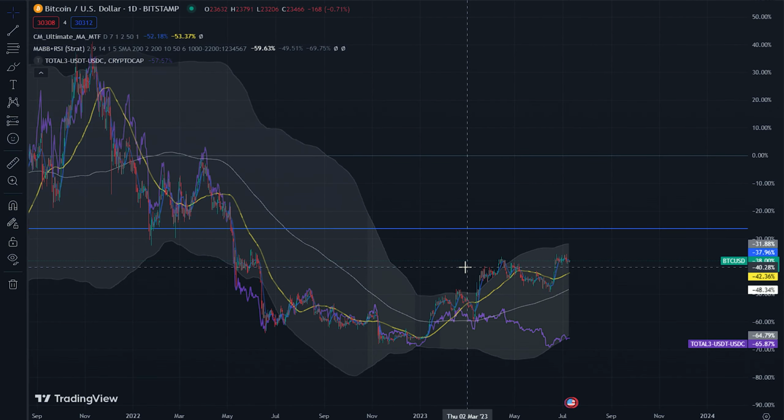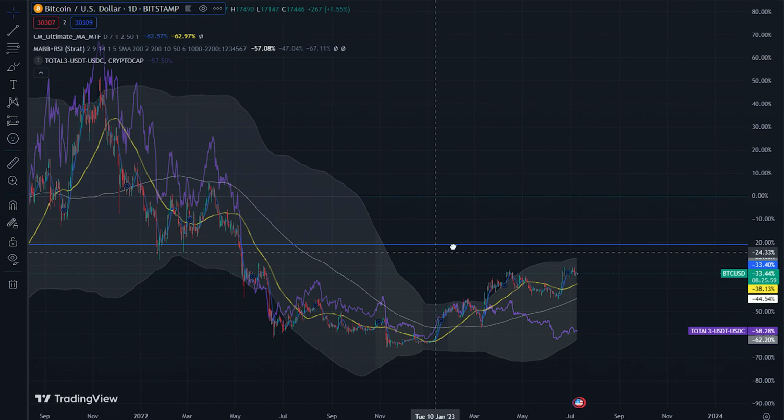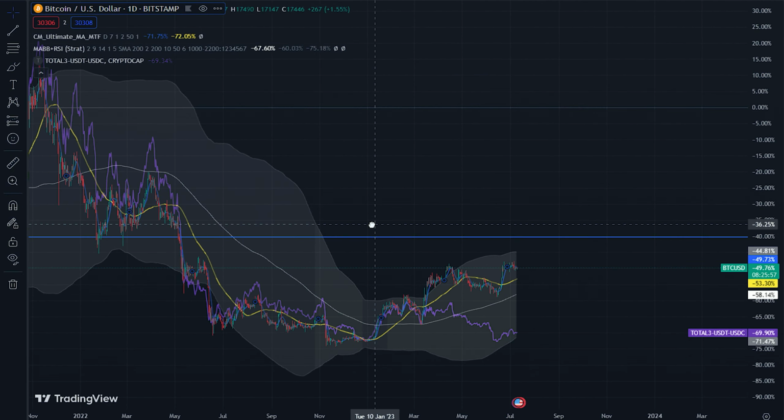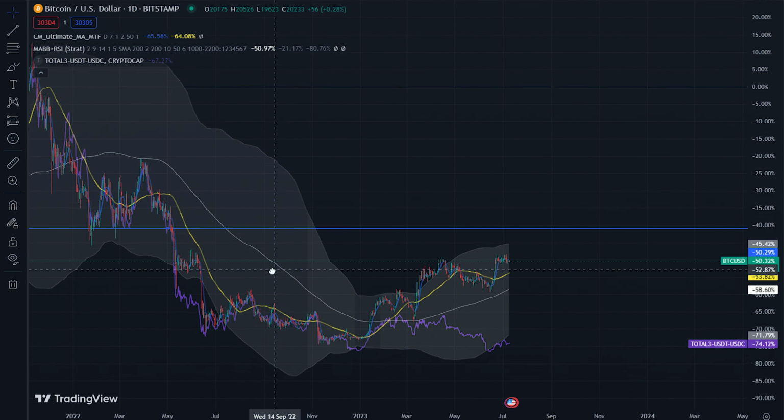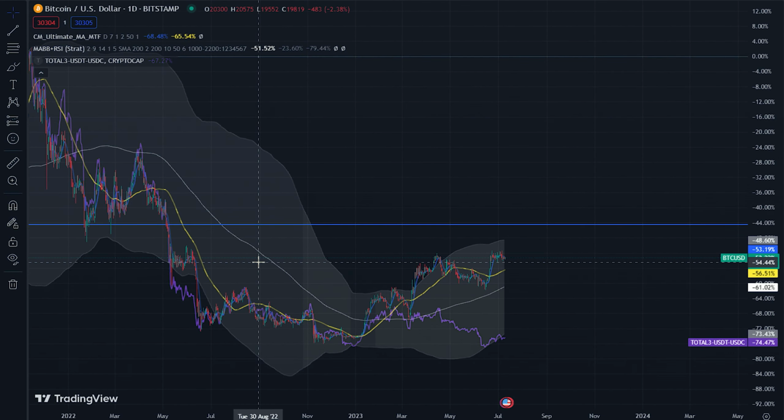We can see that total 3 has still performed quite poorly compared to just Bitcoin itself. If you were to generally just hold these alts with Bitcoin, there's about a 20%, 25% discrepancy, and that's from the all-time high. So if you were to hold these alts on the way down, you'd be in a lot more pain, whereas Bitcoin has sort of held up.